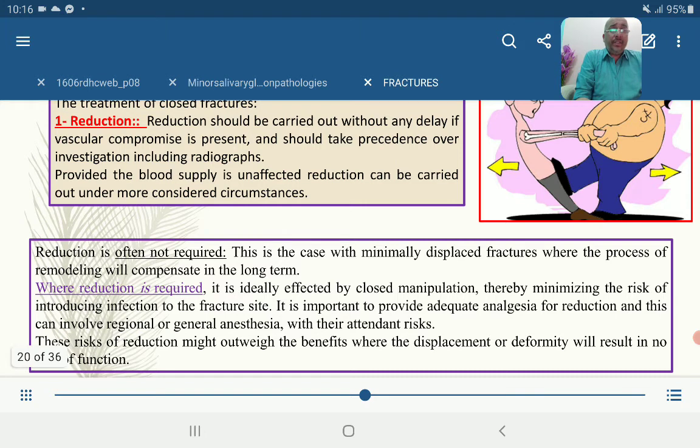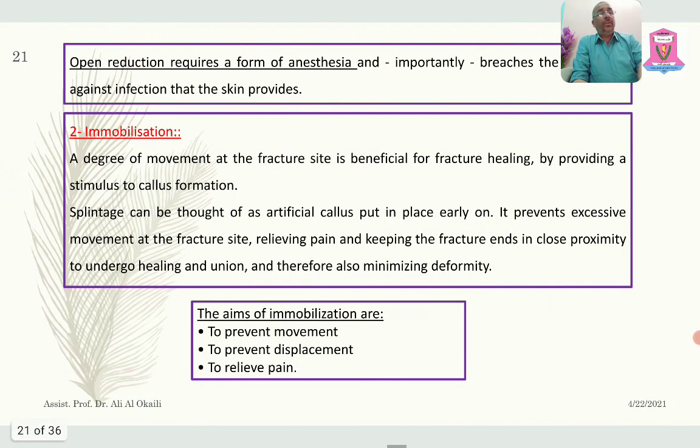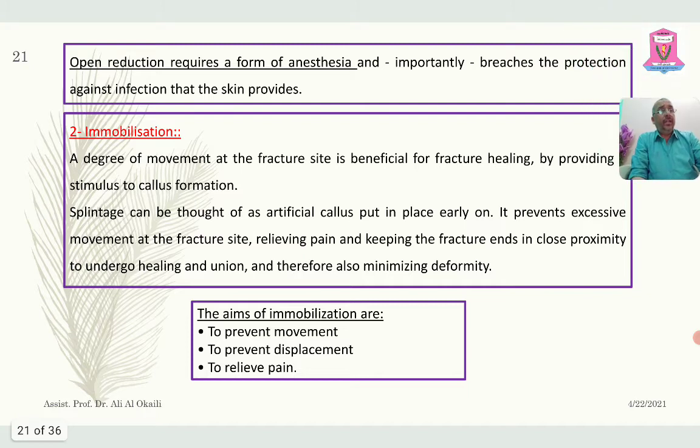These risks of reduction might outweigh the benefits where the displacement or deformity will result in no loss of function. الغاية انه ترجع القطعتين بنفس اللاين حتى to minimize deformity in the overall shape of the bone.